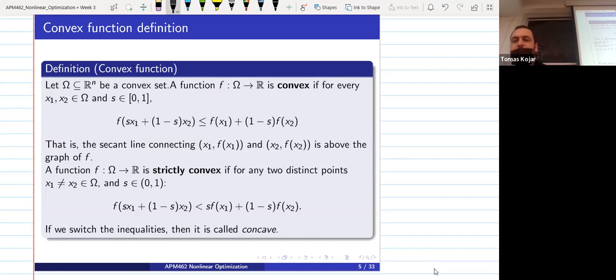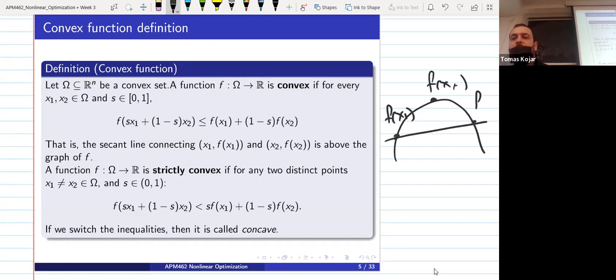And the picture flips. Now f of x of t will be above the secant that connects the two endpoints. I think this is clear, right?